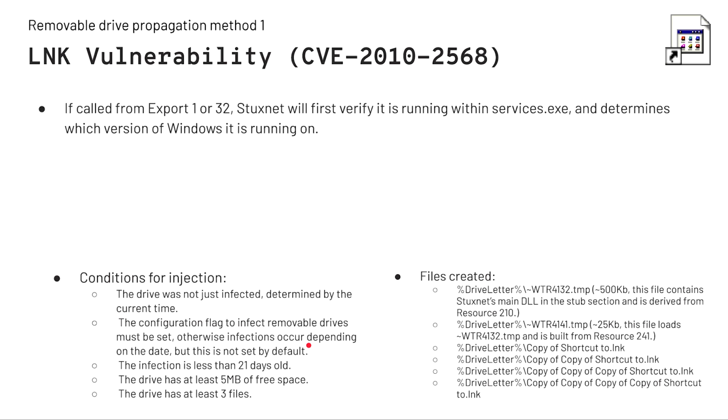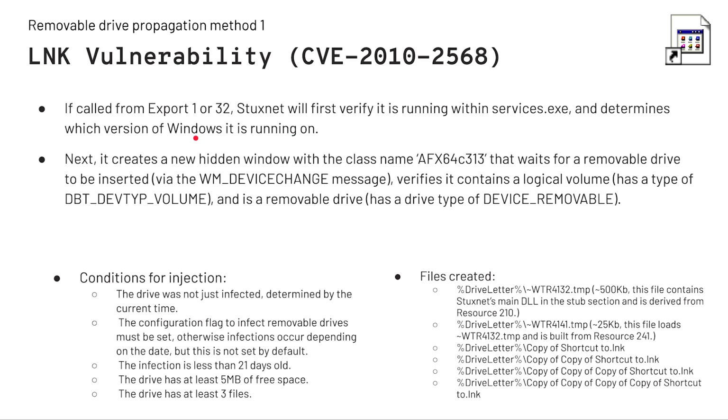More details about the vulnerability depend on the export it was called from. If it was export 1 or 32, then Stuxnet will verify if it's running within a specific process, services.exe, and also determine the version of Windows, and then it will create a new hidden window waiting for a USB drive to be inserted.